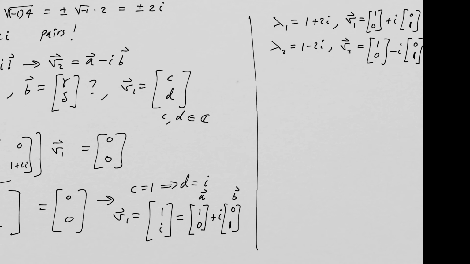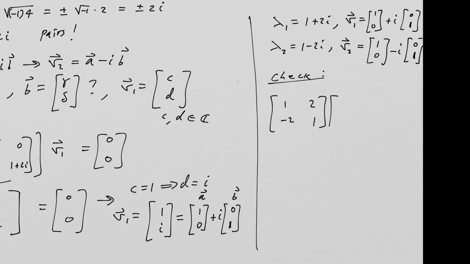It would be good for us to actually work out that this is in fact an eigenvector for the problem. So let's go ahead and check what's going on here. We have 1, 1, 2, negative 2.